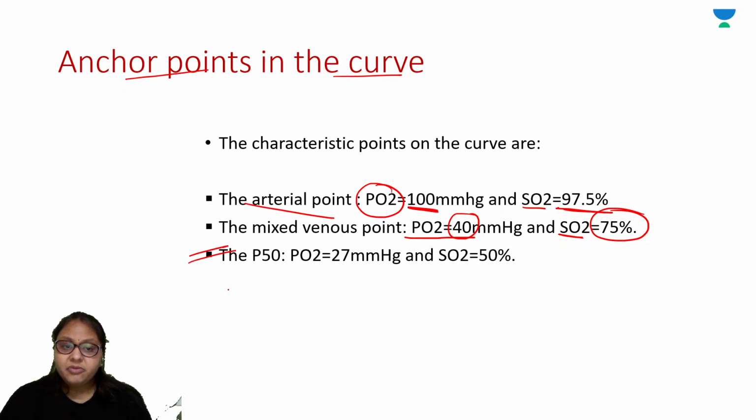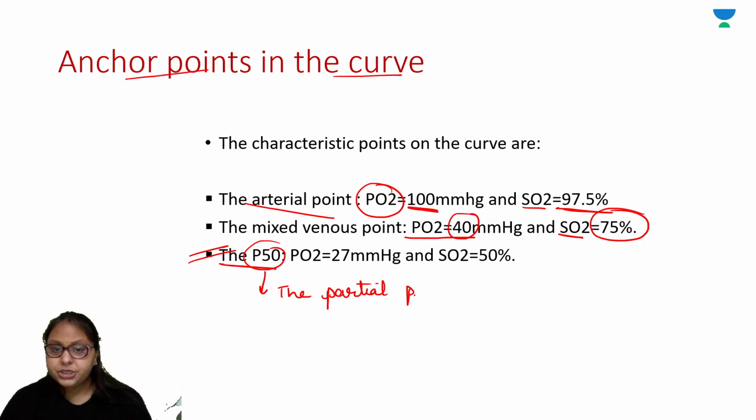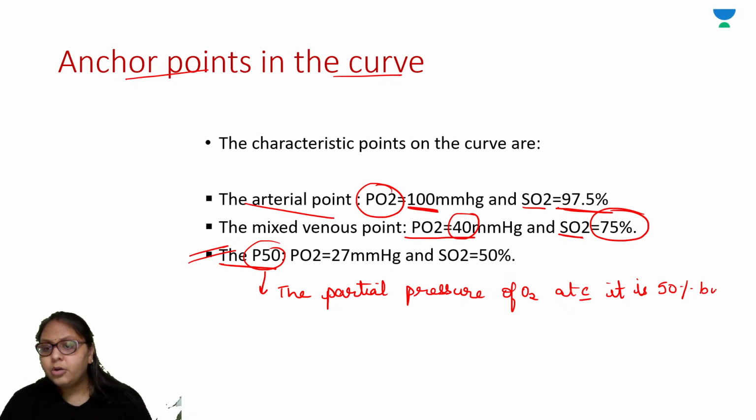Remember, what is P50? P50 is the partial pressure of oxygen at which it is 50% bound to hemoglobin.